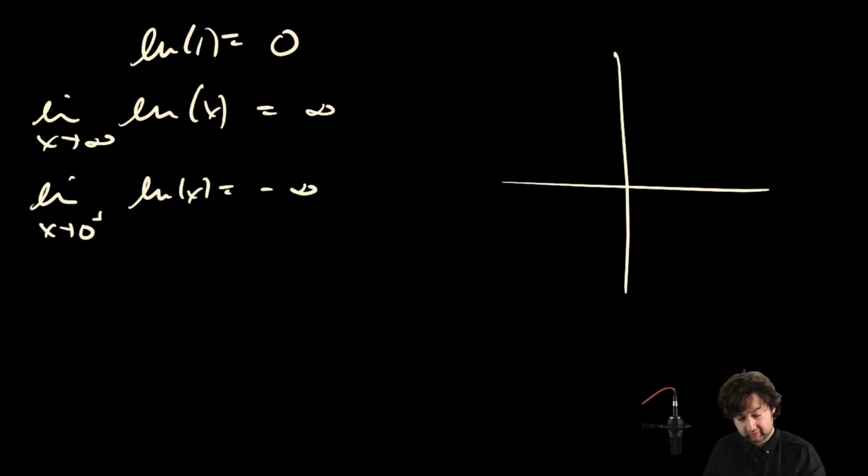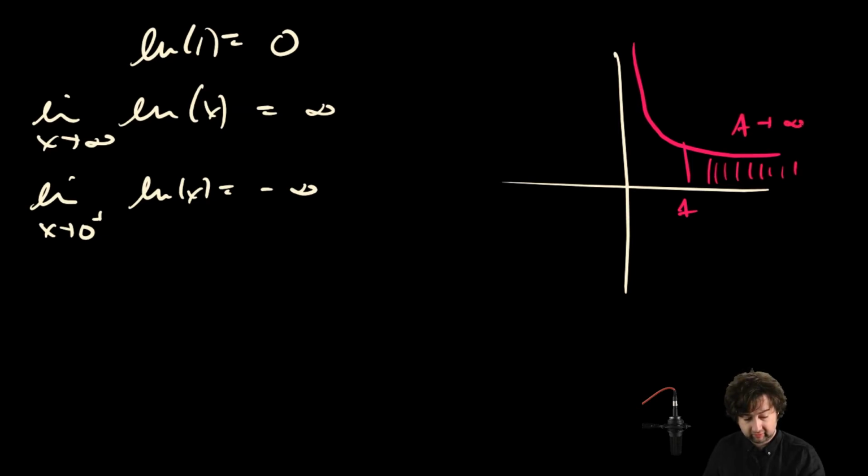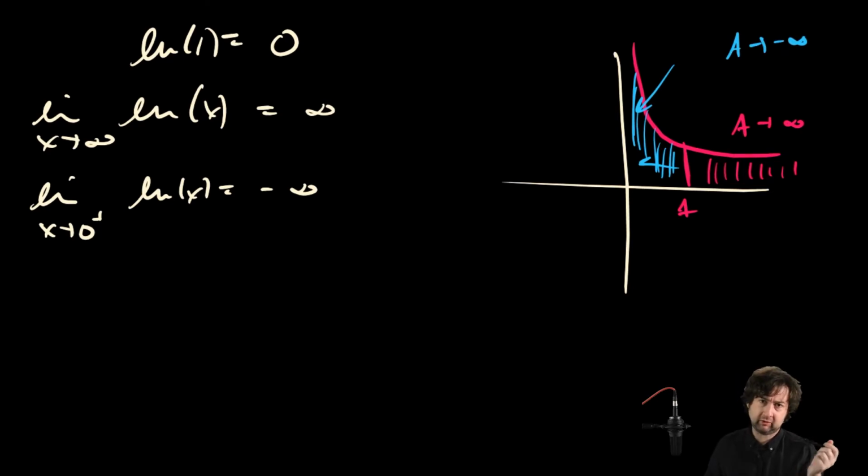Now, why is that? Remember that we're looking at areas under this curve right here. So if I keep adding area this way, then the area here goes to positive infinity. And if I start at 1 and I add areas in the other direction, heading towards the axis, then the areas I add up in here head to minus infinity. And they're negative infinity because we're integrating to the left.